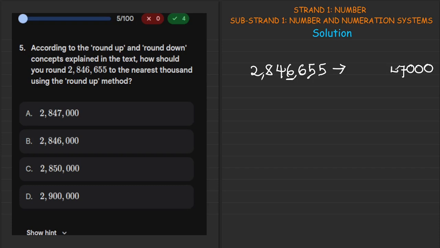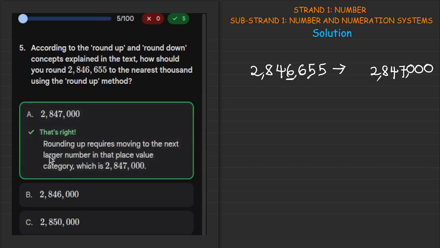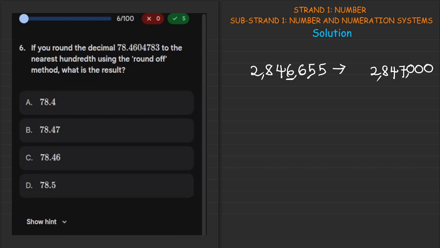Then the remaining numbers remain just as they are. And this is our rounding up. So the most important thing is you identifying the place value we are talking about, and then you increase it by 1. In that case, our answer is A. This is because rounding up requires moving to the next larger number in that place value category, which is what we have over here. Let's look at our next question.